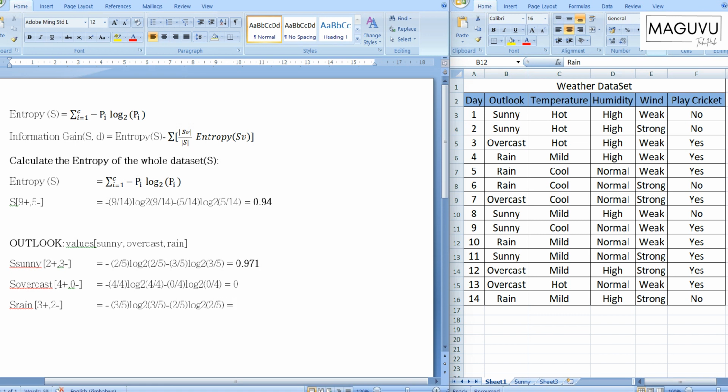This is almost equivalent to the first set there where we got sun, so the value will also become 0.971. So these are the values of the entropies at outlook.